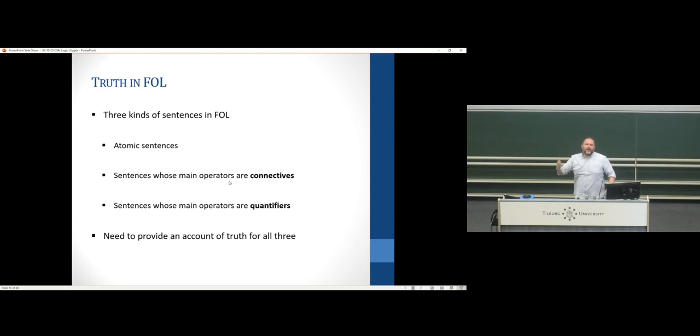There'll be sentences whose main operator is a connective: and, or, not, the conditional or the biconditional. And sentences whose main operator is a quantifier. We're going to provide an account of truth for all three. And it's always going to be true according to an interpretation, or in an interpretation. You'll also sometimes see this as truth in a model.